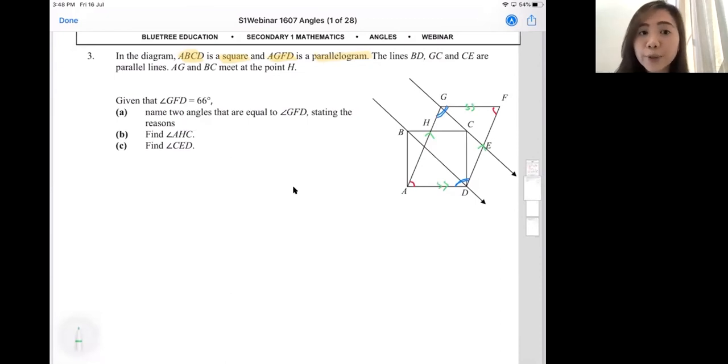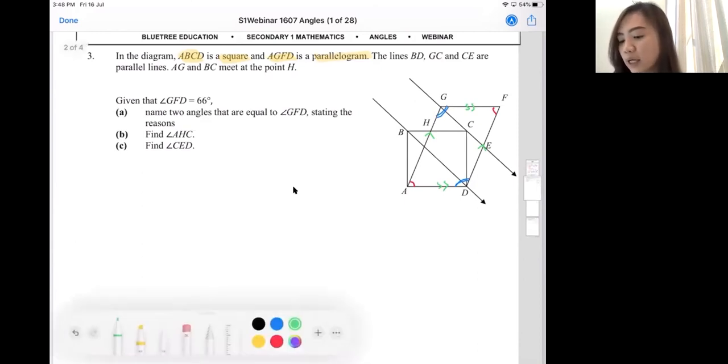For a square, the diagonals will bisect the interior angles. Also the opposite sides are parallel in a square as well. In a square, each angle is 90. So we have to note down all these. Maybe I use another color. Each angle is 90, 90, 90, 90.